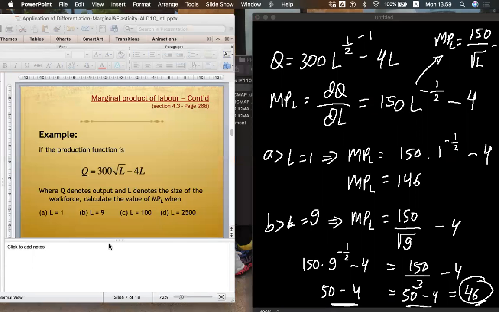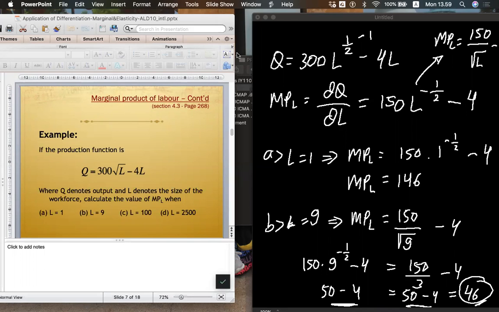Yeah. You can just use the same way to calculate what is the MPL if the L is 100, and what is the MPL if the L is 2,500, using the same equation.